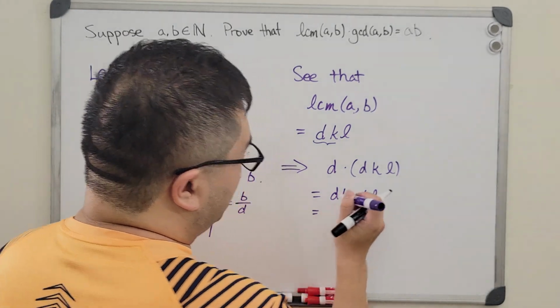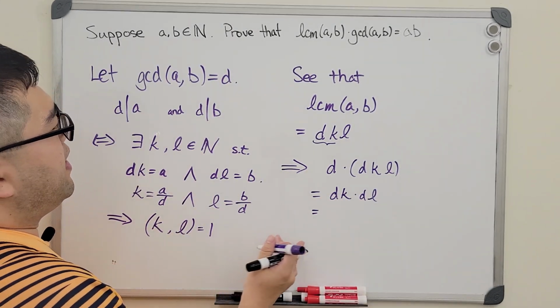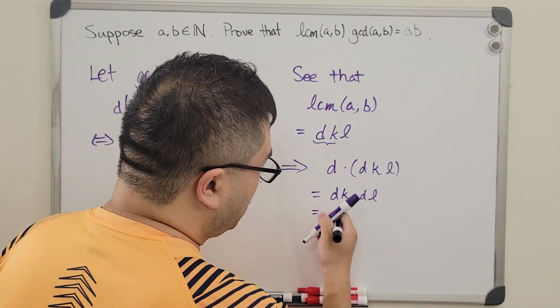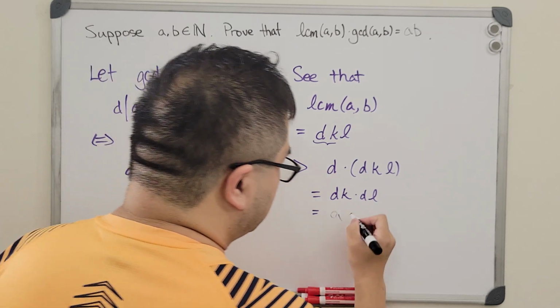Then we can rewrite DK as A, and DL as B.